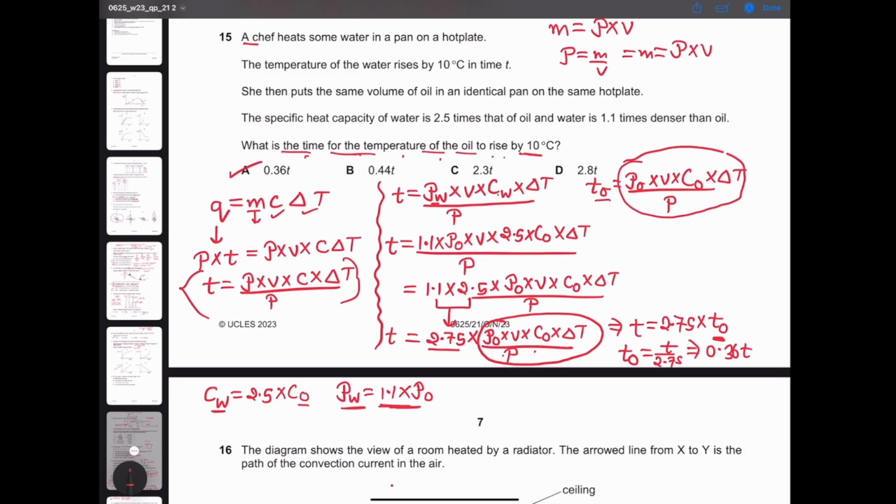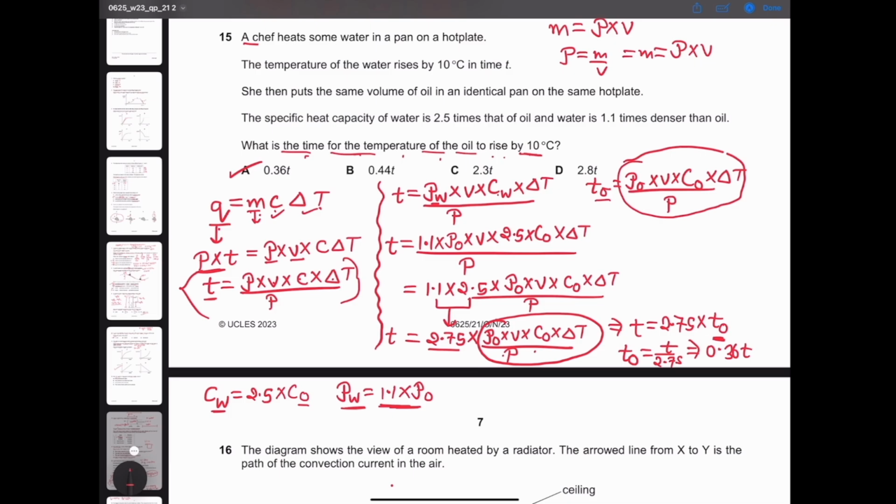Alright, it's a very good question. Now I will explain this again to you. See, what I did is heat equals mc delta T. In place of heat, I wrote power into time. In place of mass, I wrote density into volume. Then we made time the subject. So density into volume into specific heat capacity into delta T by power. Alright. Now we have oil and we have water.